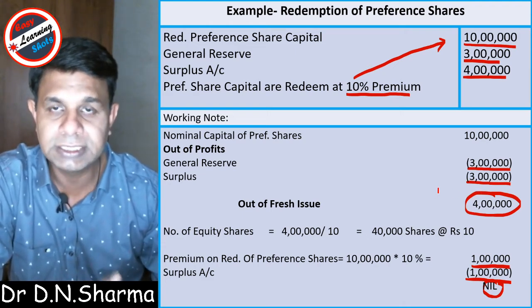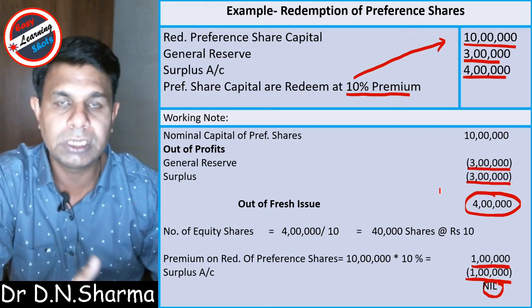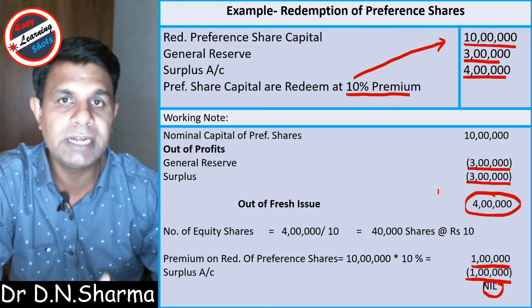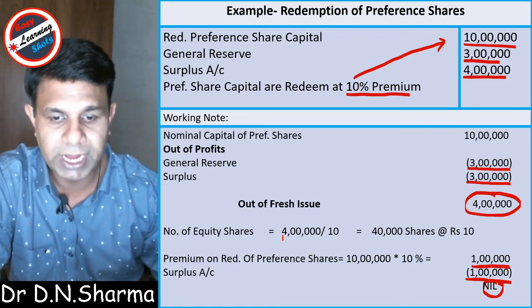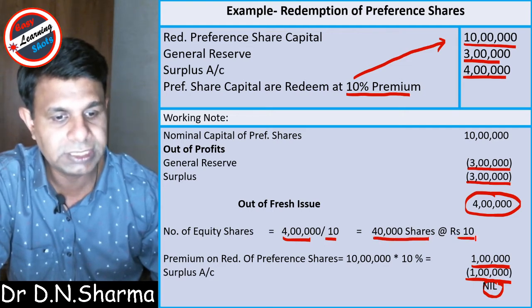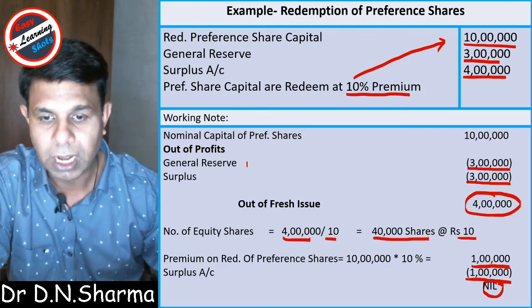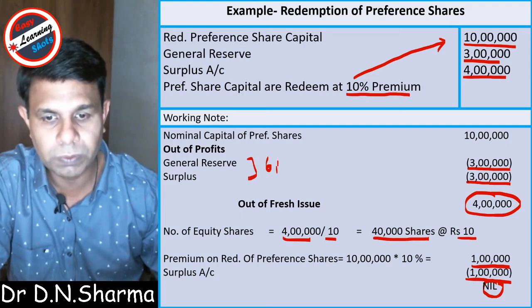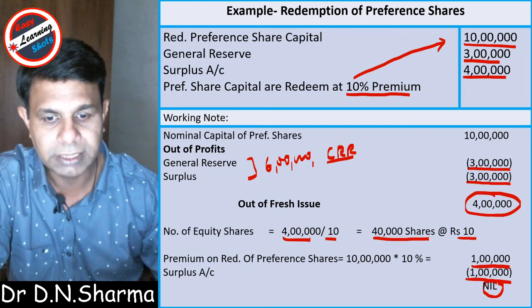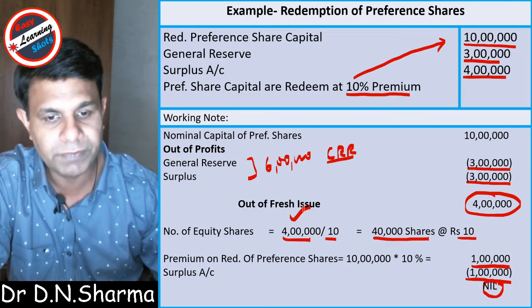When we adjust redemption of preference shares out of fresh issue, we divide by face value. So we divide 4 lakh by 10 rupees. So the company issued 40,000 equity shares of rupees 10 each. So we take out of profits 6 lakh rupees, and this 6 lakh is transferred to the CRR account, and the remaining 4 lakh through the issue of equity shares.